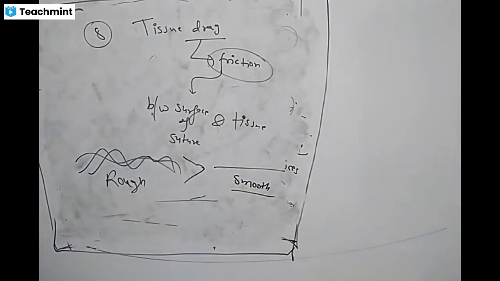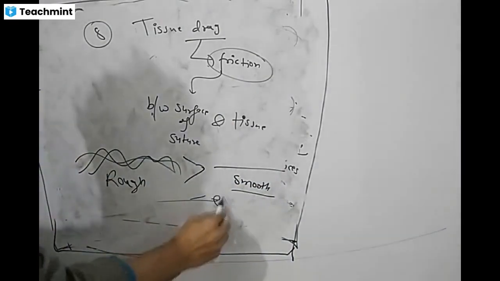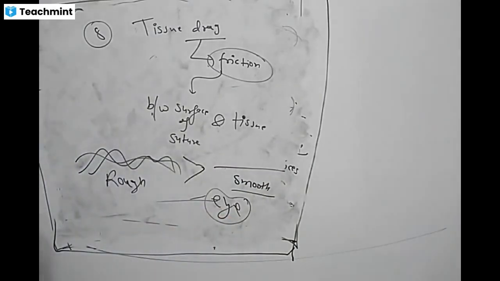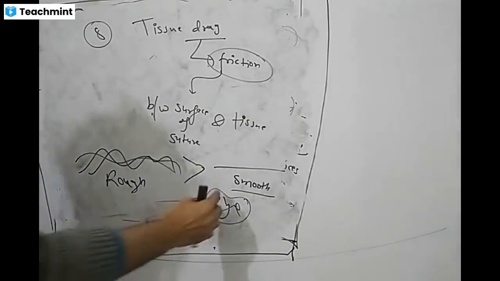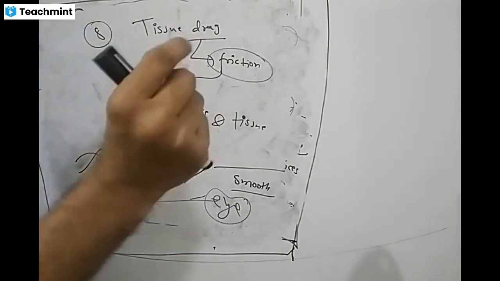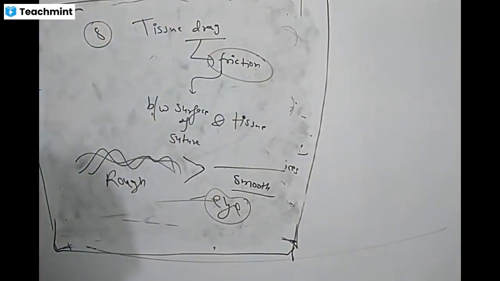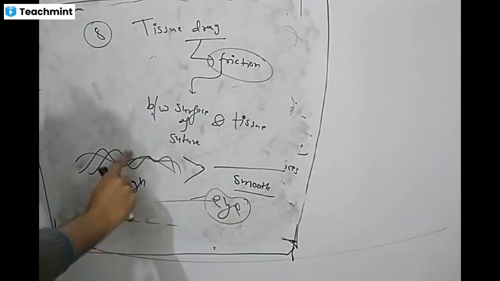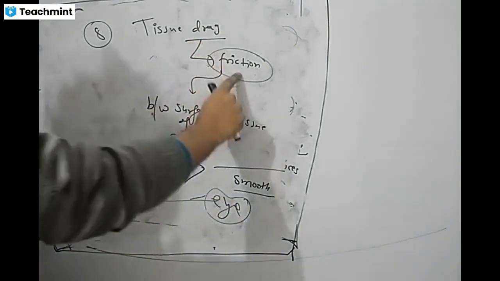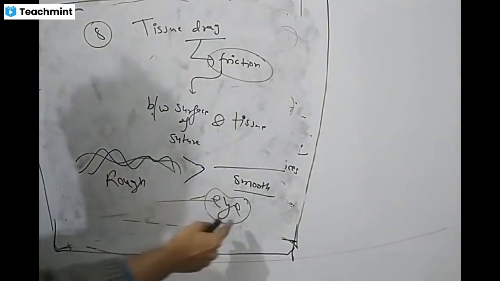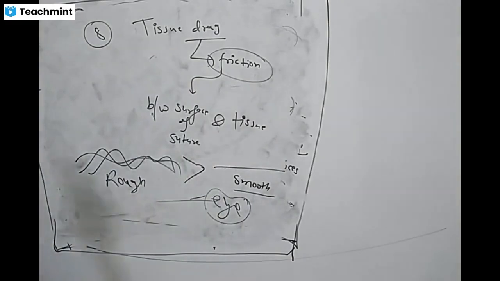Suppose you are doing a delicate surgery of the eye, like cherry eye operation or entropion, ectropion. If you are doing surgery on the eye, you want a smooth surface suture material. Why? Because in the eye, if you use a rough surface material, because of the friction between the suture material and the layer of the eye, it may cause a tear of the tissue, it may damage the tissue.